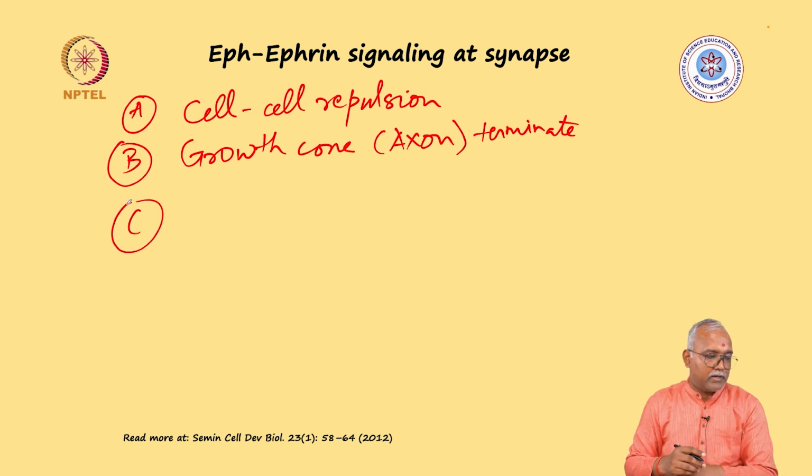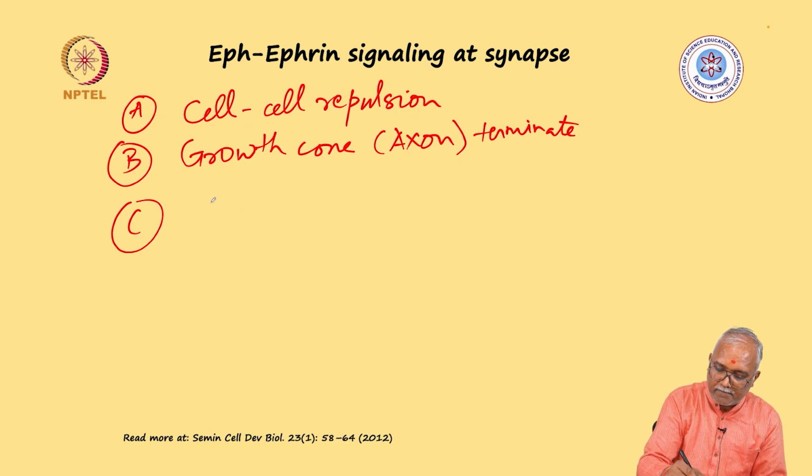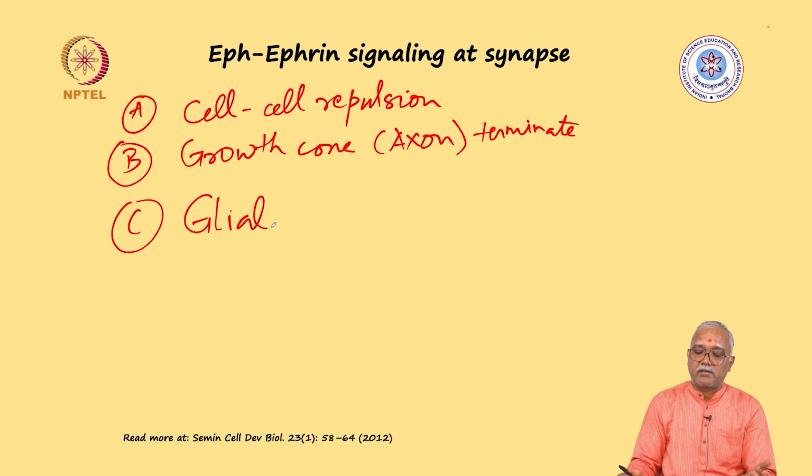What is also known is that when we talk about a glial cell, remember your central nervous system, we always think about neurons, but there are at least 3-4 times more glial cells present and they also make strong contact.